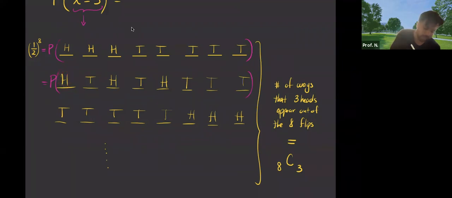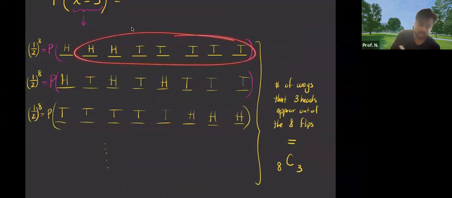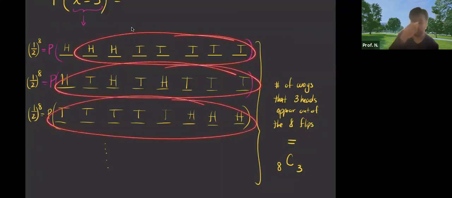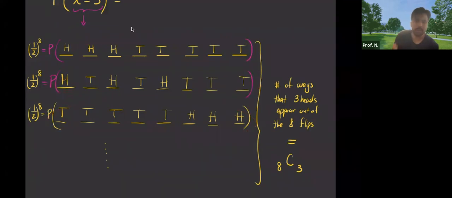And I have 1/2 to the 8th power. And the probability of this occurring as well is 1/2 to the 8th power, so on and so forth. Each of these events has 1/2 to the 8th power probability of occurring. And how many of them do I have? I have 8 choose 3.